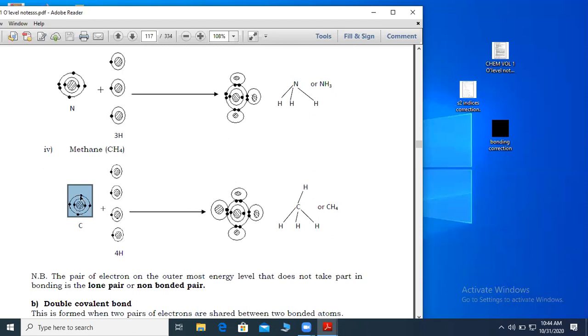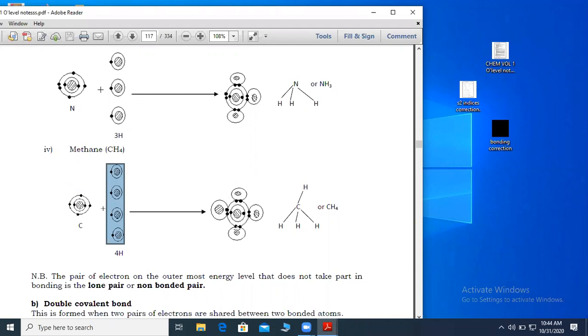Where there is an electron of carbon, a hydrogen atom is going to contribute its electron for bonding. So the hydrogen atoms must be 4, because carbon needs 4 electrons to have 8 in the outermost shell.